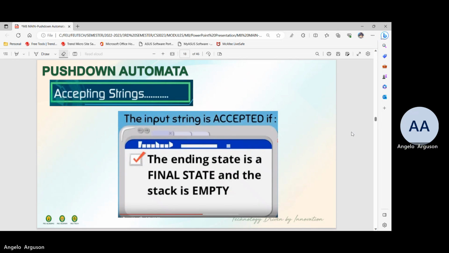Next, how are we going to know a PDA or pushdown automata will accept a string? The input string is accepted if the ending state is a final state and the stack is empty.